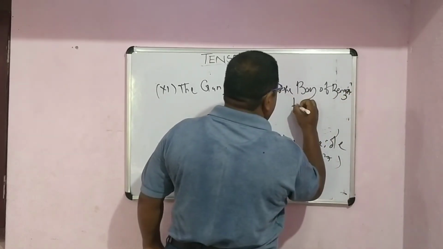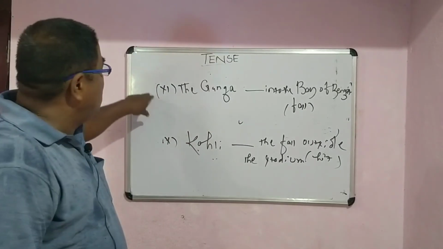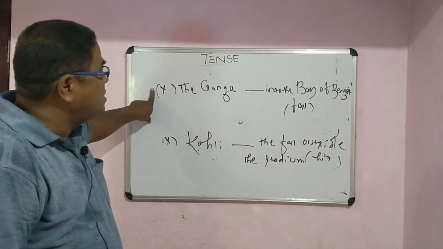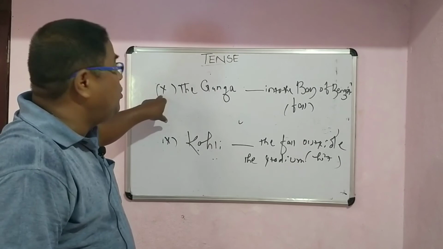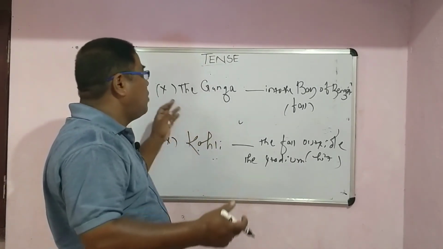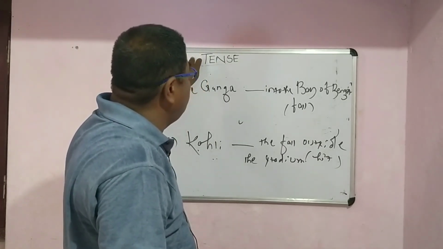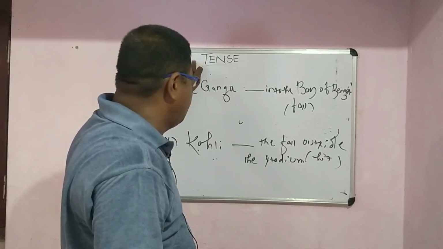Within the bracket, fall. So now I have given you these 10 important questions. These 10 important questions are very much important. This is just the beginning. I will give you more and more questions, particularly on these 4 forms of the present tense: present simple, present progressive, present perfect, and present perfect progressive.